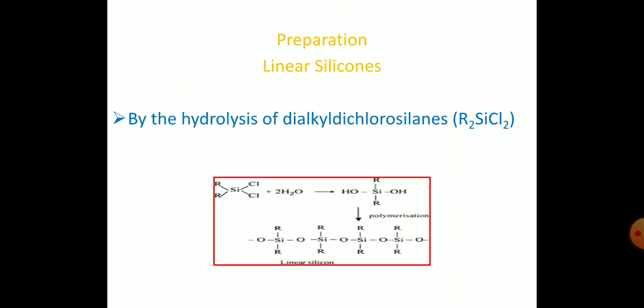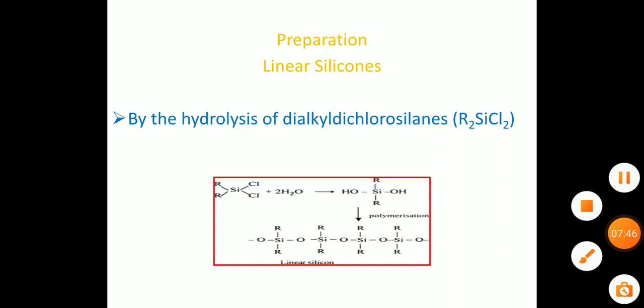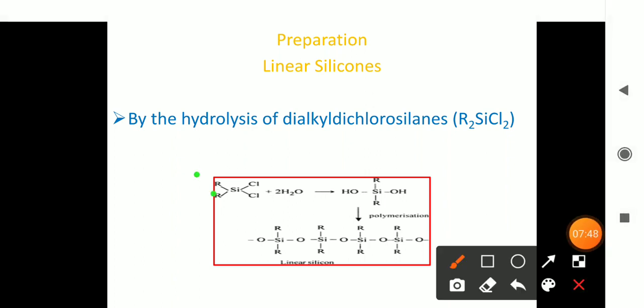Now look at the equation. This equation shows the preparation of linear silicones. Initially, what is taken? Dialkyl dichlorosilane is taken. What is the formula of dialkyl dichlorosilane? R2SiCl2. 2 R are present, dichloro, 2 Cl, then silane, silicon is present. It is on hydrolysis. Hydrolysis means what? Reaction of any compound with water molecules, that is hydrolysis. And during hydrolysis, these 2 Cl groups are replaced by OH groups, so that we get this product R2Si(OH)2.